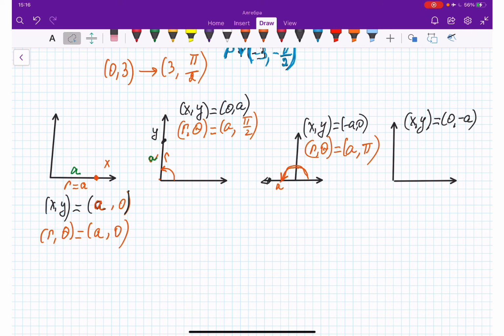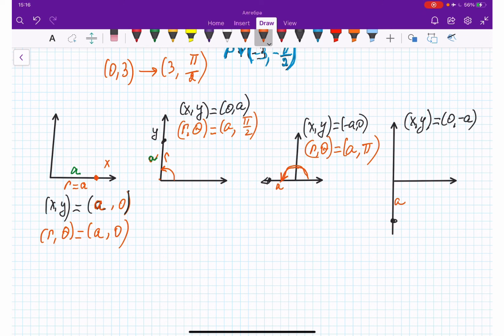Which is going to be on the negative y axis, right? This is going to be my point here, and the distance is going to be a.